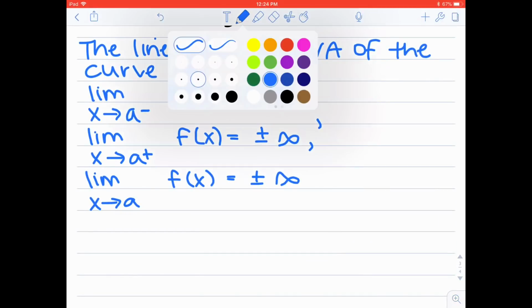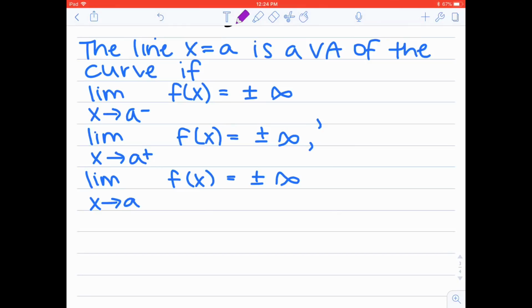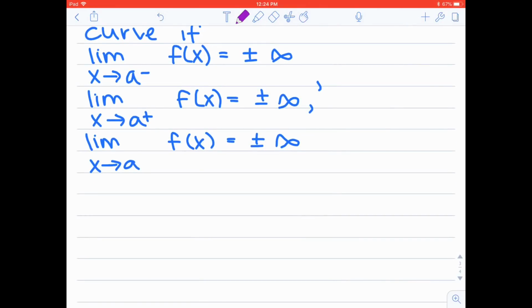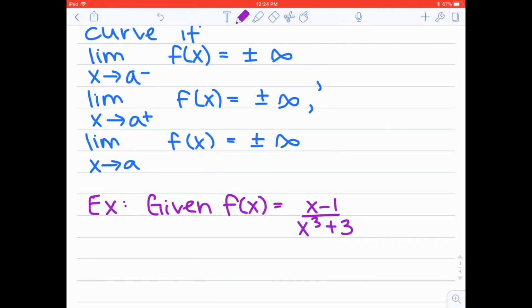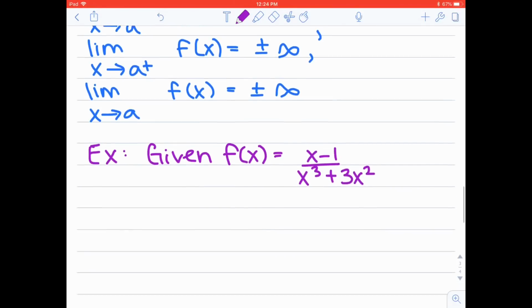Alright, so now we're going to do some examples. Actually, we're just going to do one, but this one example has two parts to it. Kind of a catch-all. So we're going to be given the function f of x, and f of x is x minus 1 over x to the third plus 3x squared.